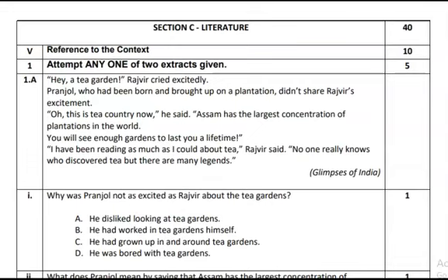Now, when you analyze and see the questions, try to understand which of the two extracts will be easier for you to attempt. Do the easier one. Why? Because you are not going to show your knowledge in the examination hall. You need marks.